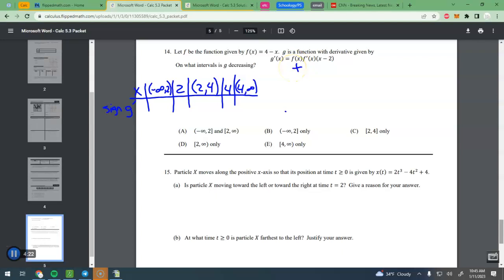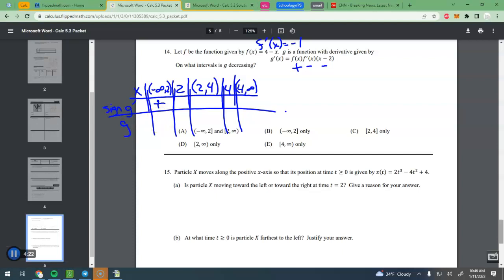Positive. F prime of x, I know is negative 1. That's negative. If I put a 0 into this piece, 0 minus 2 is a negative. So I've got a positive times a negative times a negative, which is a positive. So the sign here is positive, which means g is decreasing. Increasing.